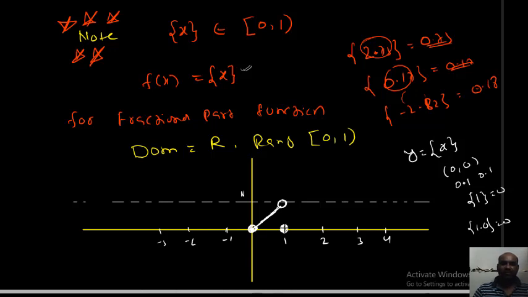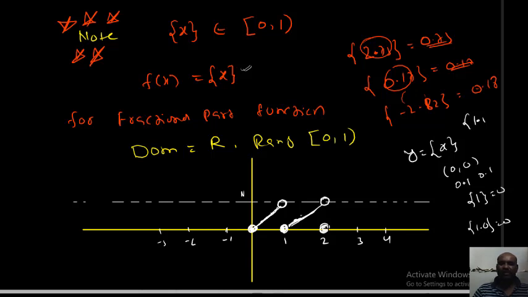So 1 gives 0. What is the fractional part of 1.1? It is 0.1. For 1.2, it is 0.2, for 1.3, 0.3, like that. If you take all the values, you get a line segment. Then 2 gives 0 again. So here is an open circle.